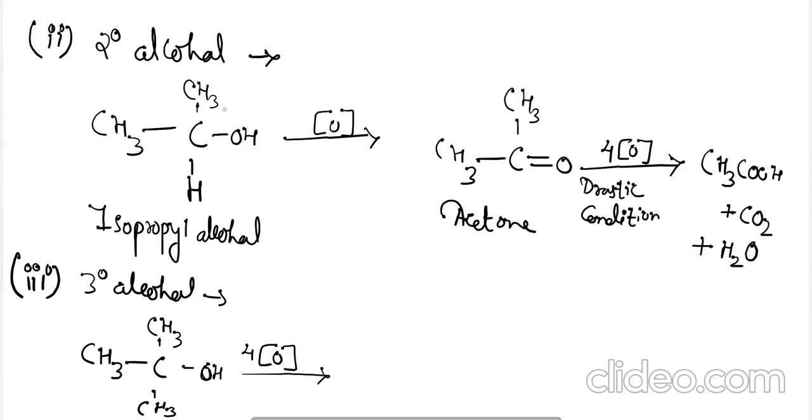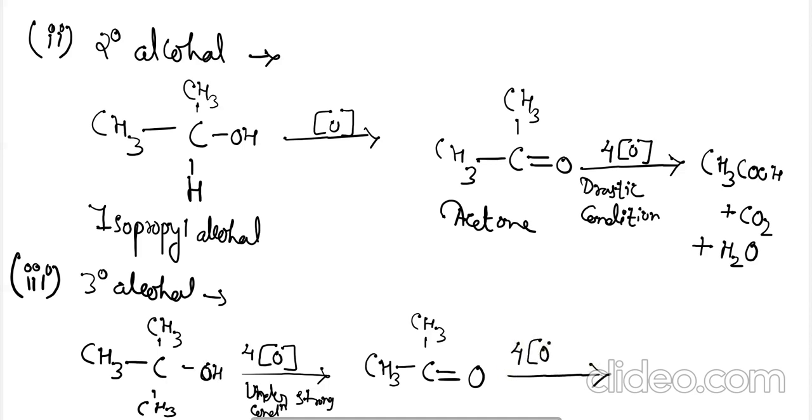So on drastic conditions, using very strong oxidizing agents such as KMnO4 or K2Cr2O7, we form acetone. The number of carbon atoms has decreased here. Then again under very strong conditions, the ketone can be converted into carboxylic acid, and further oxidation gives acetic acid with carbon dioxide and water.